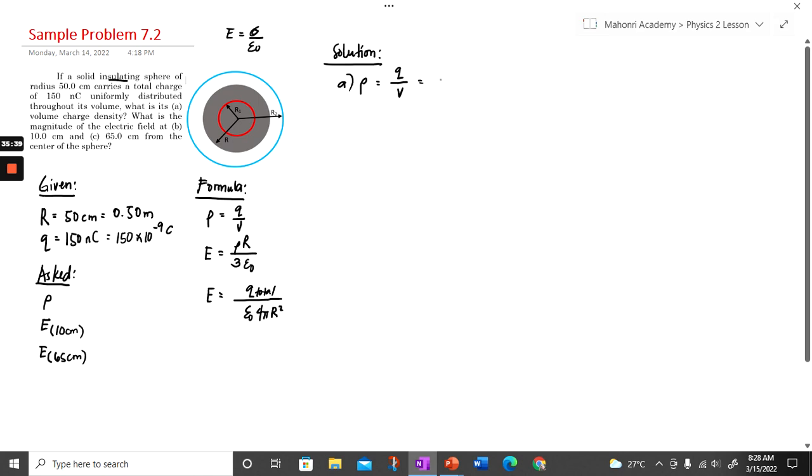And we know that the volume of the sphere is equal to 4/3 pi r cubed. So you have your Q divided by 4 pi r cubed divided by 3.